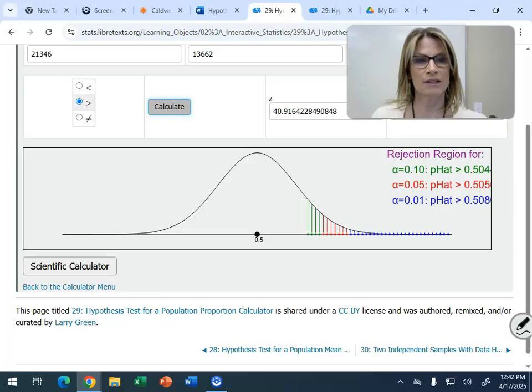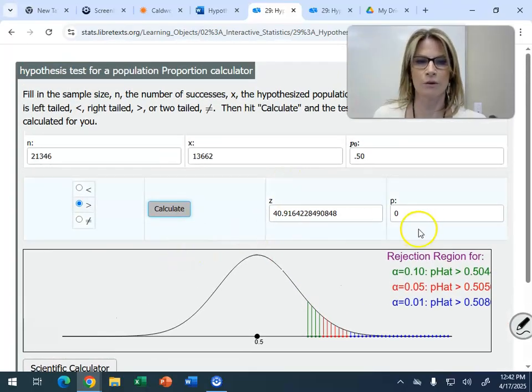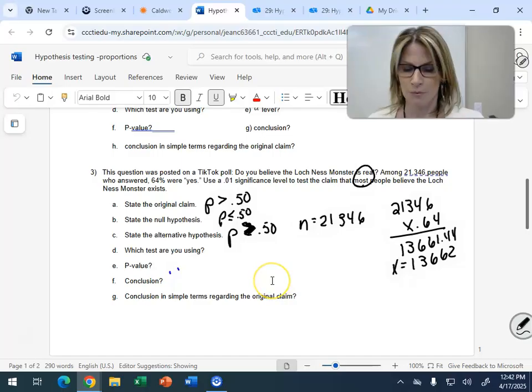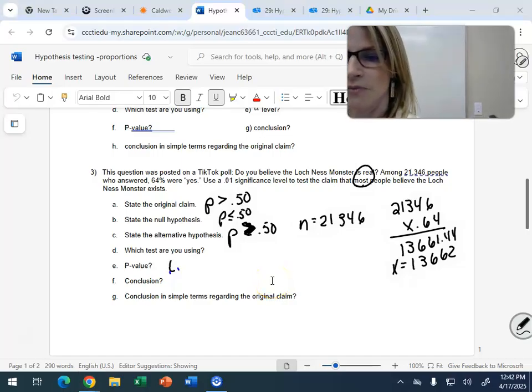Okay, and again we get 0. You're not going to get 0 every time. If P was like 0.5 or 0.3, P would be high, but P is 0.